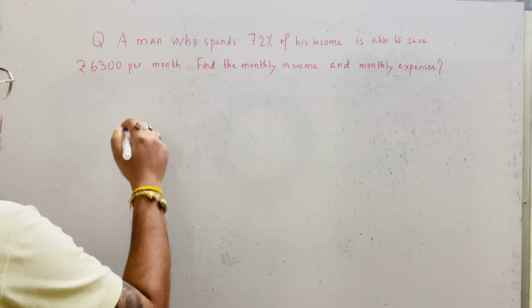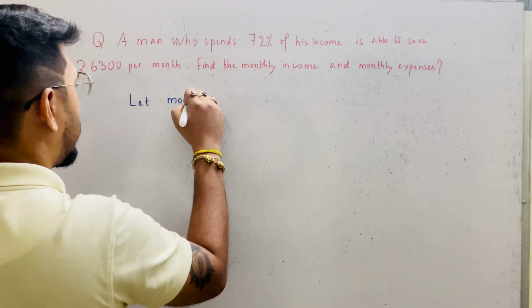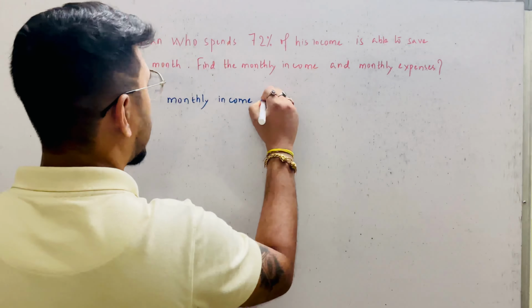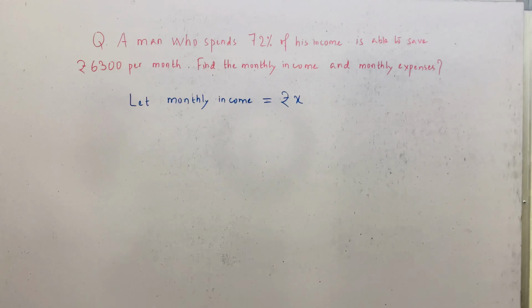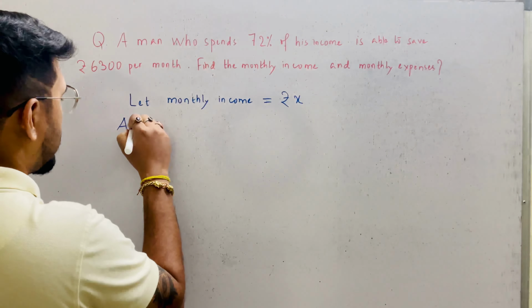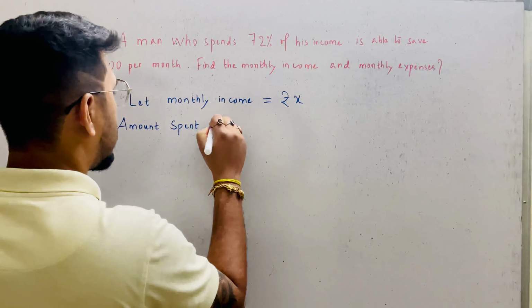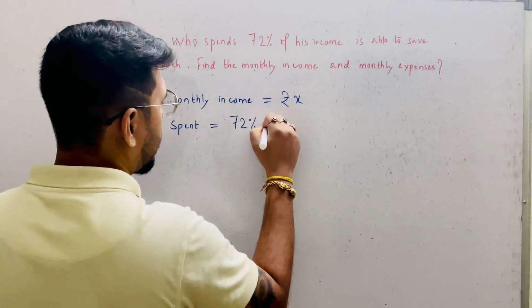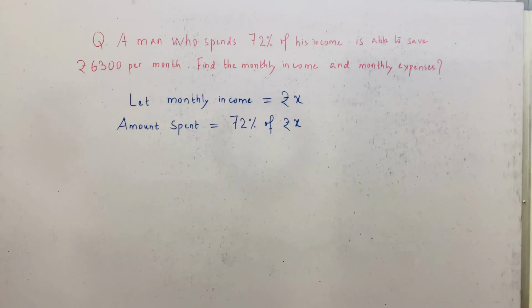So let monthly income be rupees X. Now the amount spent, that is 72% of rupees X. This is the amount spent.